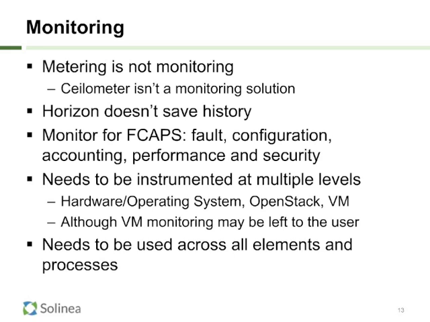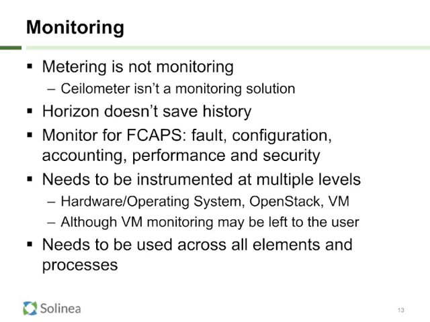In the enterprise, though, oftentimes many of your customers are more used to a traditional IT, where IT may monitor that for them or at least give them the tools to monitor that. And so in the enterprise and the private cloud, you may want to actually provide something that gives them VM monitoring for the user. The last thing, all of your monitoring needs to be across all elements and processes. So you do need to monitor everything, just like you need to have everything under configuration management.